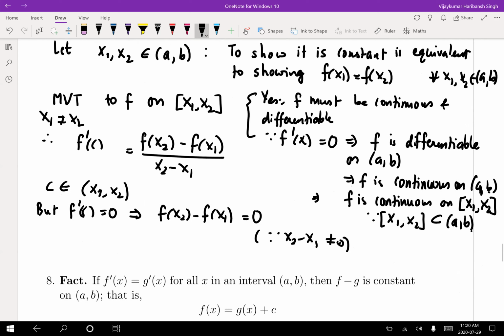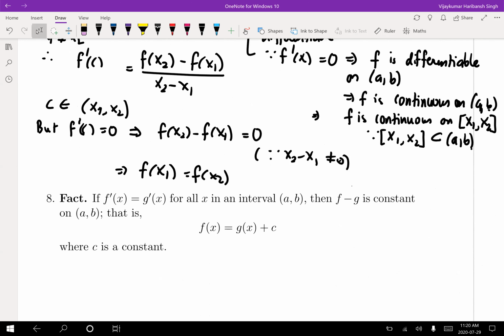This is forcing that f of x1 equals f of x2. So you have managed to prove that if the derivative of the function is 0 on an interval, then it must be a constant function.